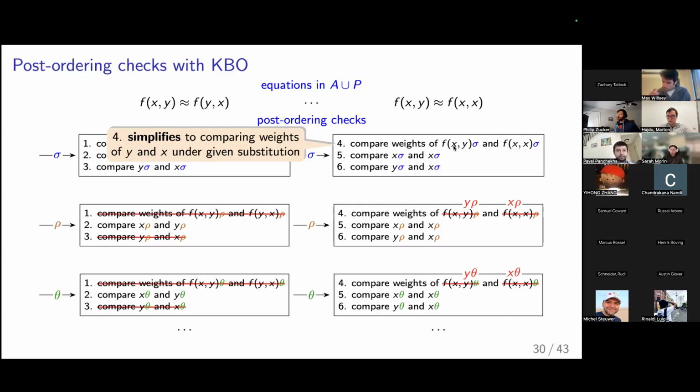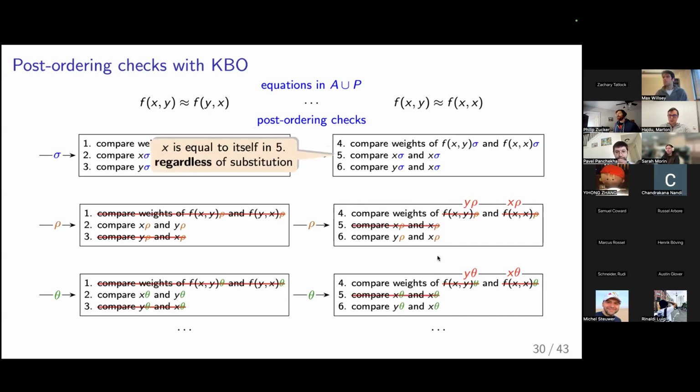These cancel out, and an occurrence of x here and an occurrence of x here. These also cancel out, so what remains is just an occurrence of y and an occurrence of x. And of course, these have to be taken with the given substitution. But we can simplify this weight comparison and have just y and x in all subsequent checks.